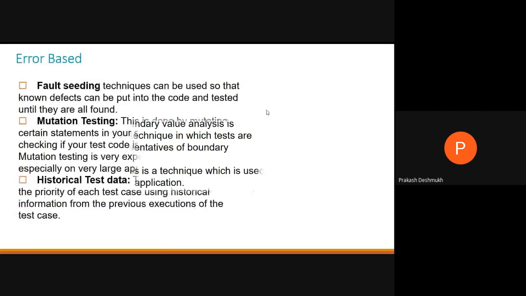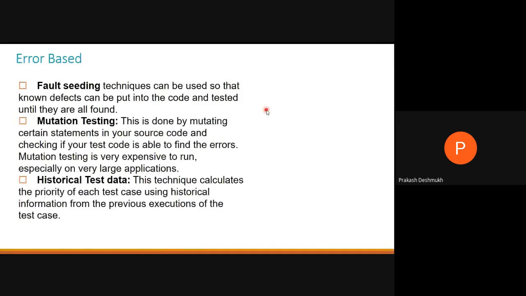And then error-based testing, where you do fault seeding. You will intentionally introduce a fault and then see how the system behaves because of that fault. If it's performance related, or related to some data point which is maybe imaginary but can happen, you will do such fault seeding and do the testing.